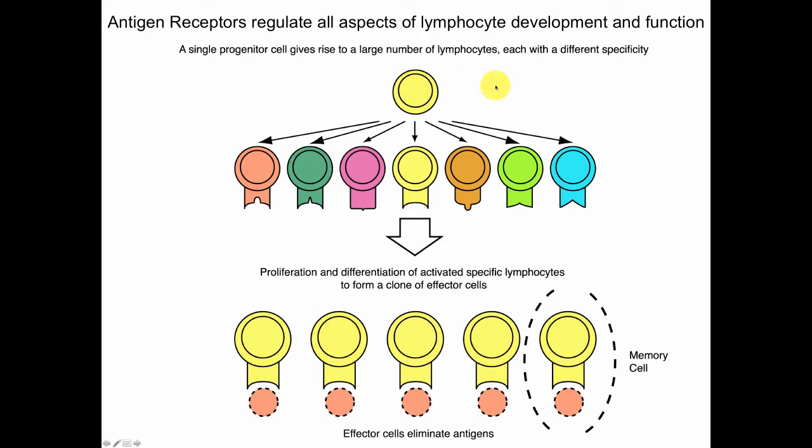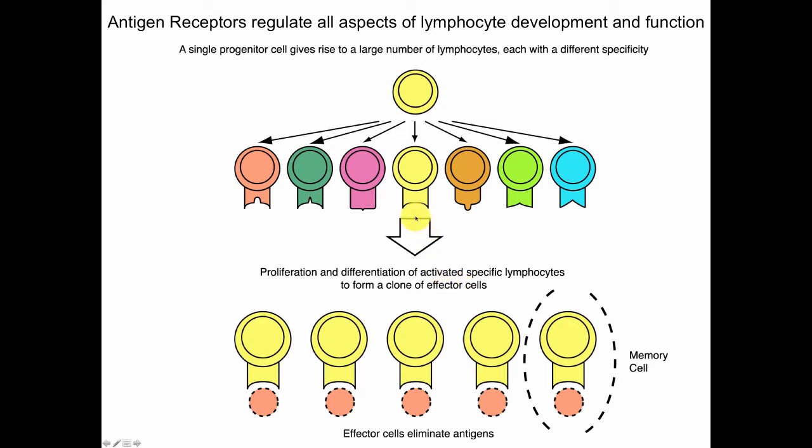And these cells give rise to a large repertoire of immune cells, each of which expresses a different antigen receptor capable of recognizing different molecular determinants. So in this cartoon, you can see you have one cell and a huge army of millions and millions of different antigen receptor specificities. And the generation of this antigen receptor repertoire occurs during lymphocyte development and occurs independently of any antigen stimulation.